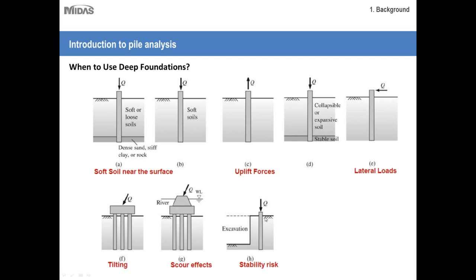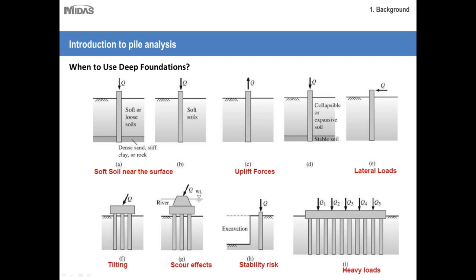If you're working on a structure where the foundation is close to an excavation site and this could lead to a stability risk, we need deep foundation. Or if the superstructure is exerting a very heavy load that needs to be transferred to a much more stable layer, you need a multiple pile system or deep foundation.